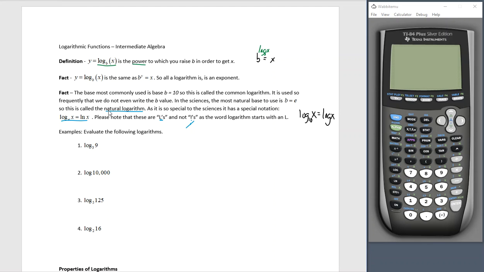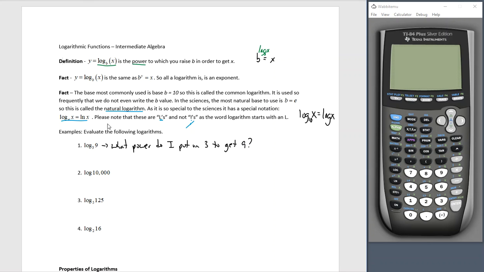Okay, so the way that log base 3 of 9 translates is, what power do I put on 3 to get 9?